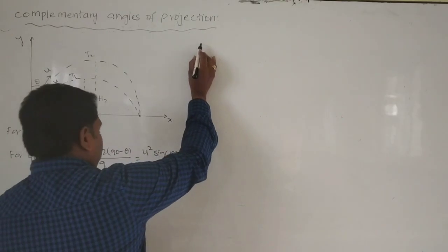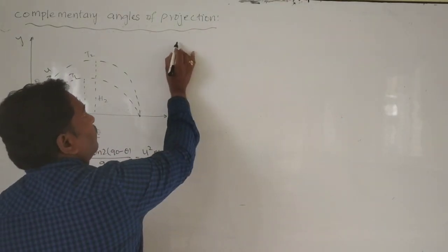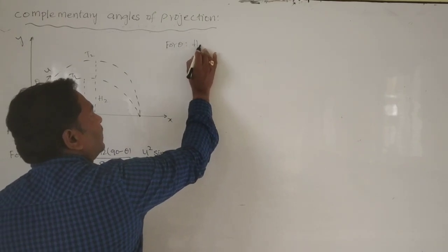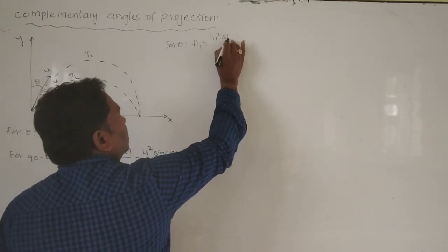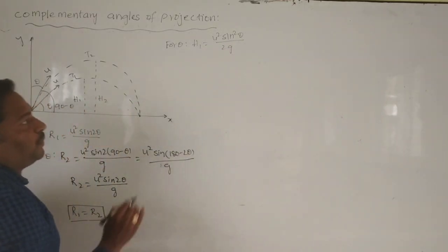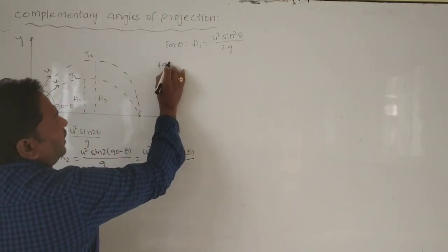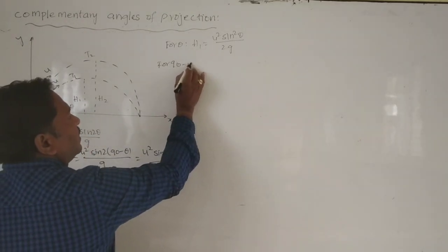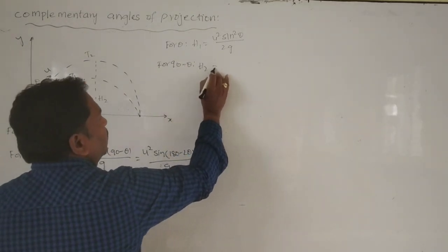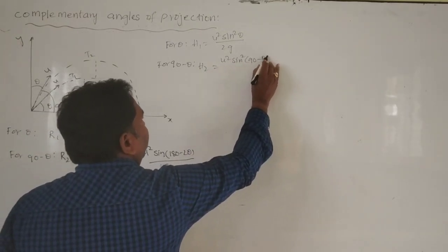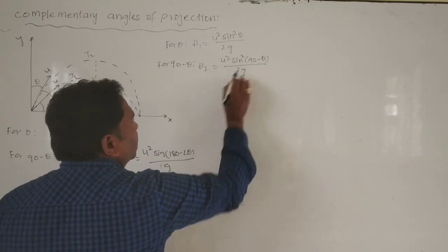So now we are going to discuss for theta. For theta, h1 is equal to u square sin square theta by 2g. Now writing for 90 minus theta, h2 equals u square sin square 90 minus theta by 2g.